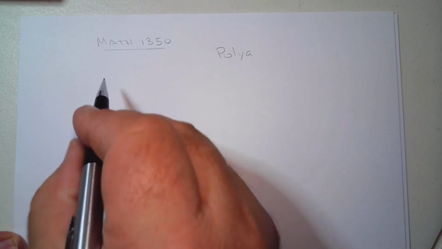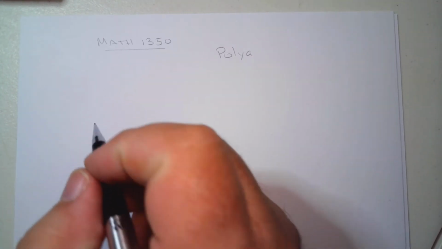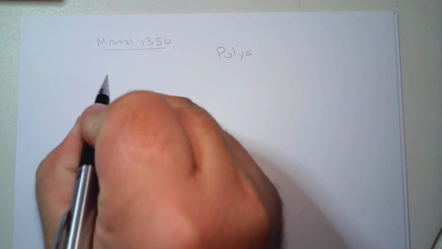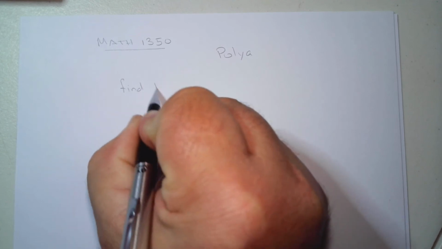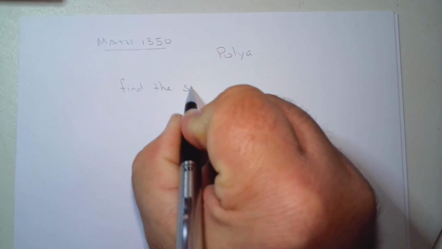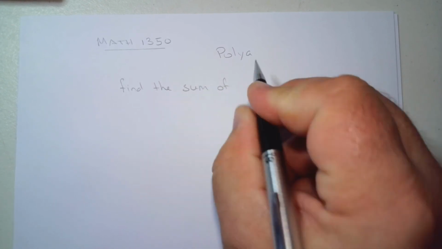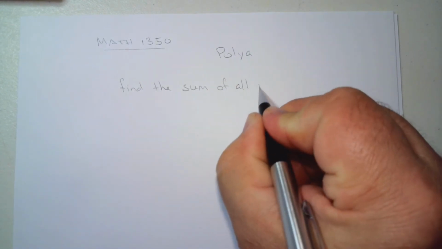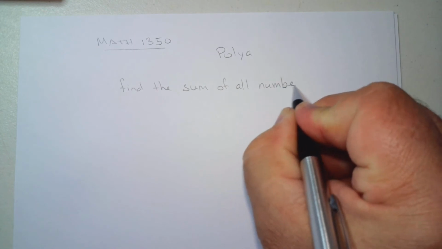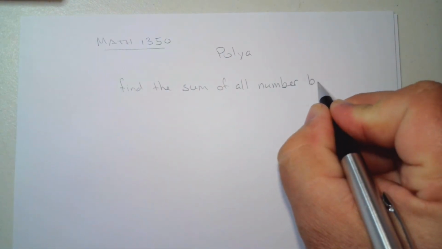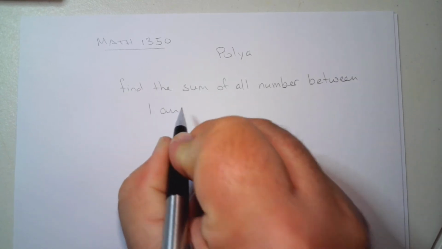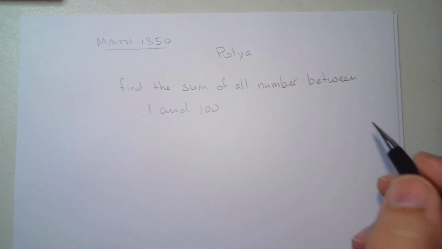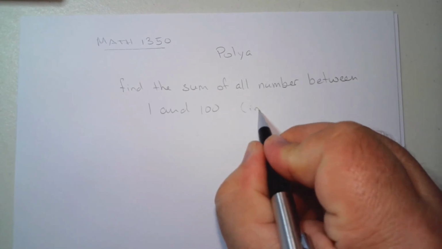Now, what I'm going to look at first in the homework problems, we have some interesting problems like: find the sum of all numbers between 1 and 100, inclusive.